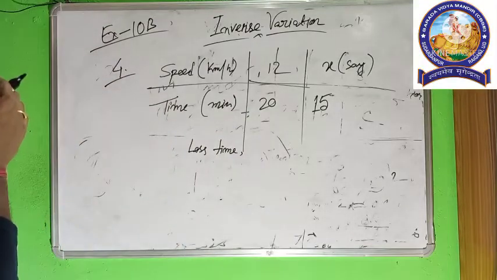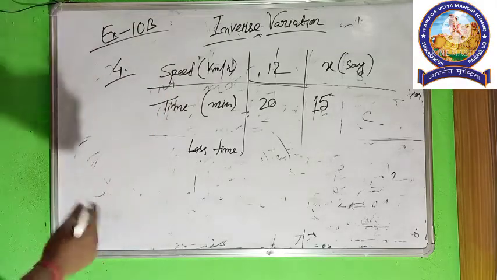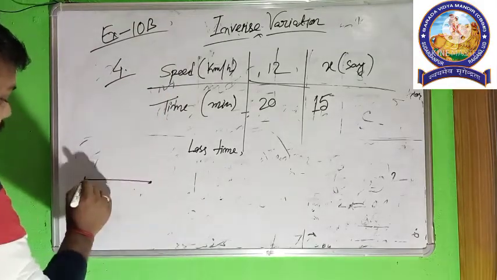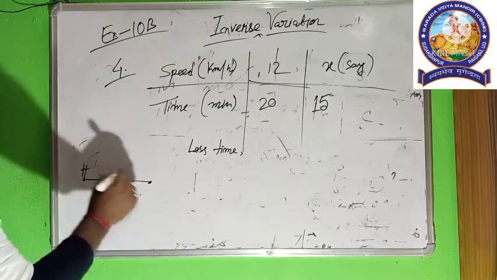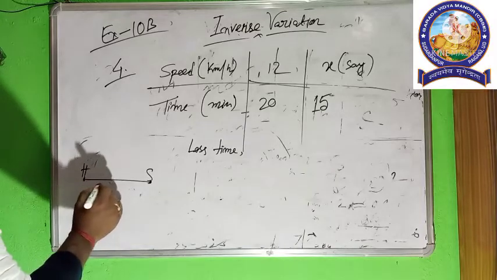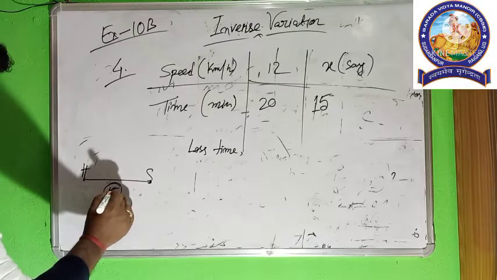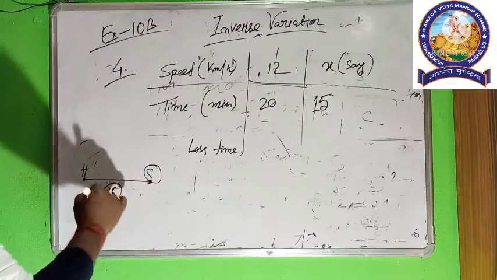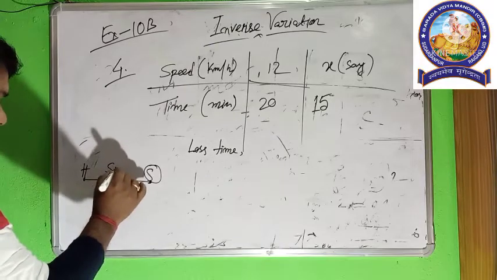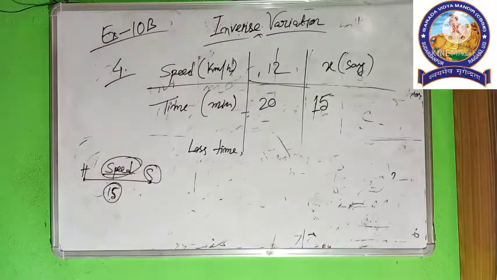If time is less, then we need to increase the speed, because the distance between home and school remains the same. So if we need to reach school in 15 minutes, then the speed should be more.